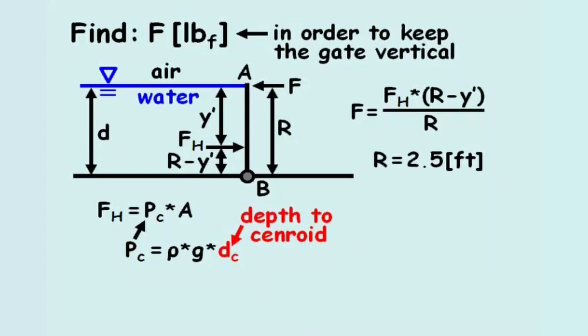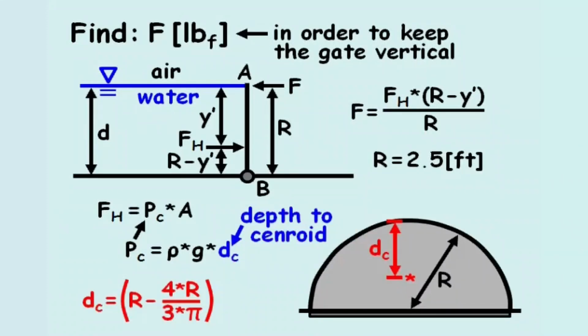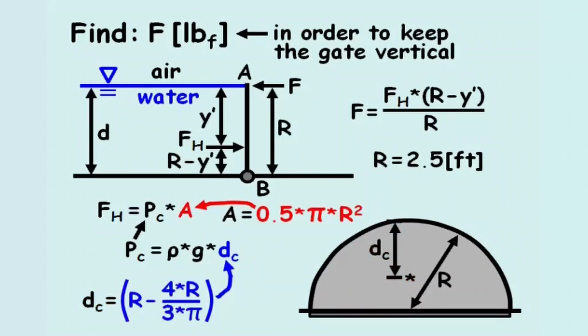For a semicircle, dc equals r minus the quotient 4r divided by 3 pi. The area of a semicircle equals 1/2 times pi times r squared.